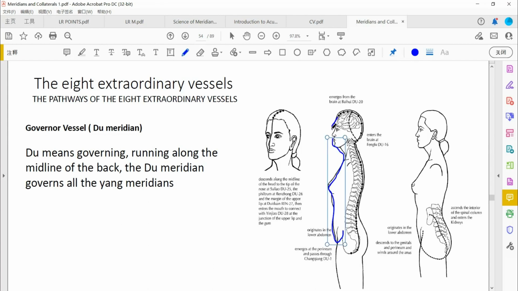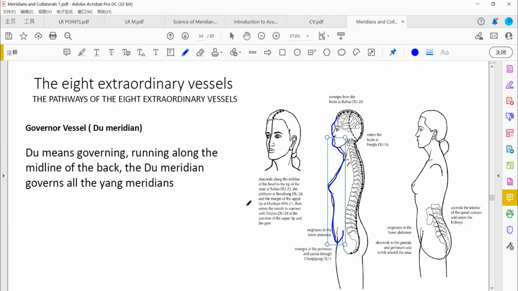So they are like a circle, a loop, connected with each other. So both of them are good for mental problems.